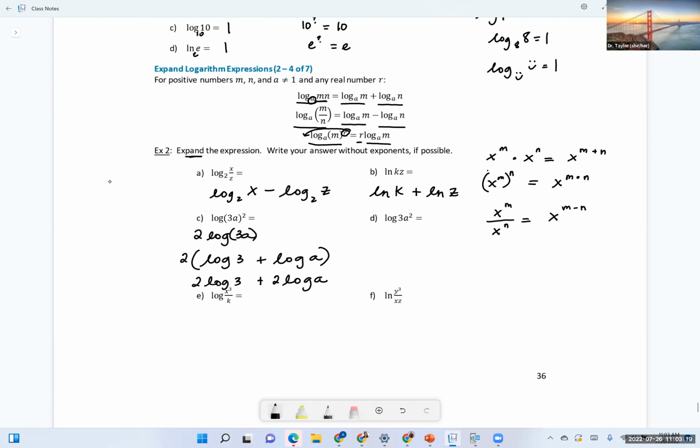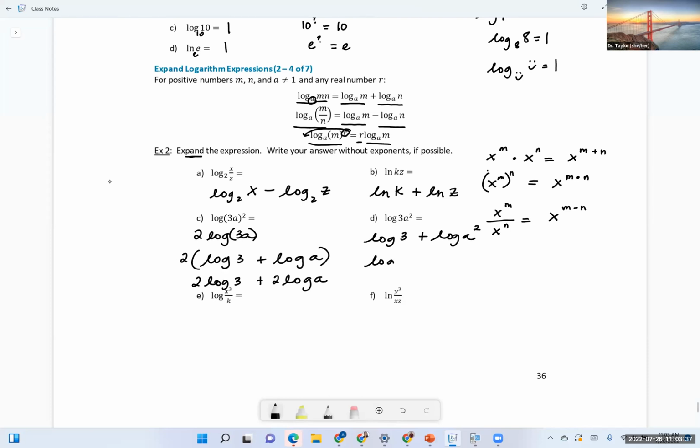Okay. D is a little different. The 2 is not on both of them. It's not on the 3 and the a, it's only on the a. So for this one, I'm gonna say log 3 plus log a squared.